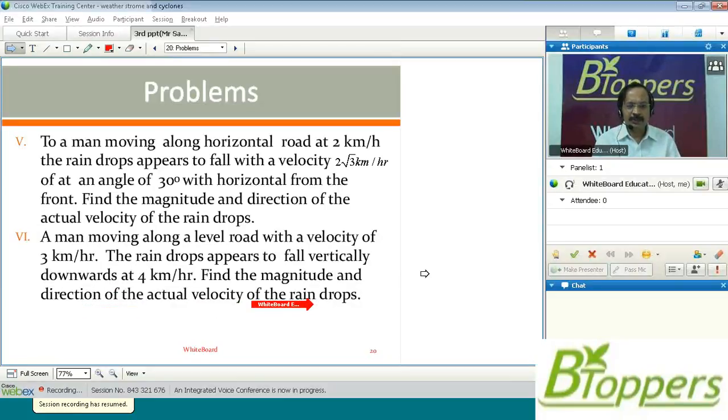This problem can also be solved by the same method like the previous problem. This problem you can try to do yourself. You have to simply find the resultant of the two vectors.